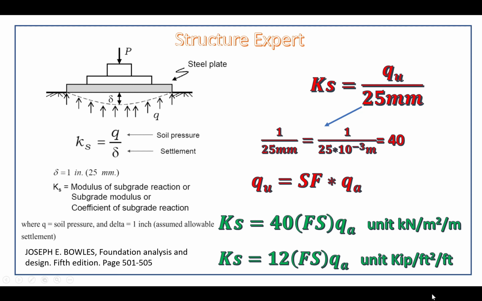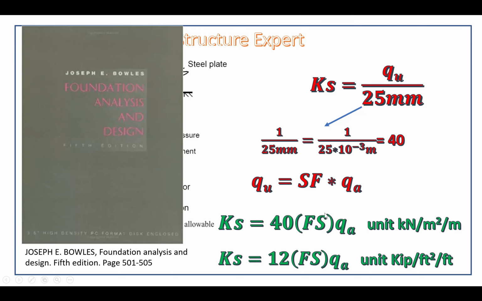It depends on the soil properties. For normal soil, the factor can vary from 2 to 3. You can check in the book, pages 501 to 505, Bowles, Foundation Analysis and Design, 5th edition.